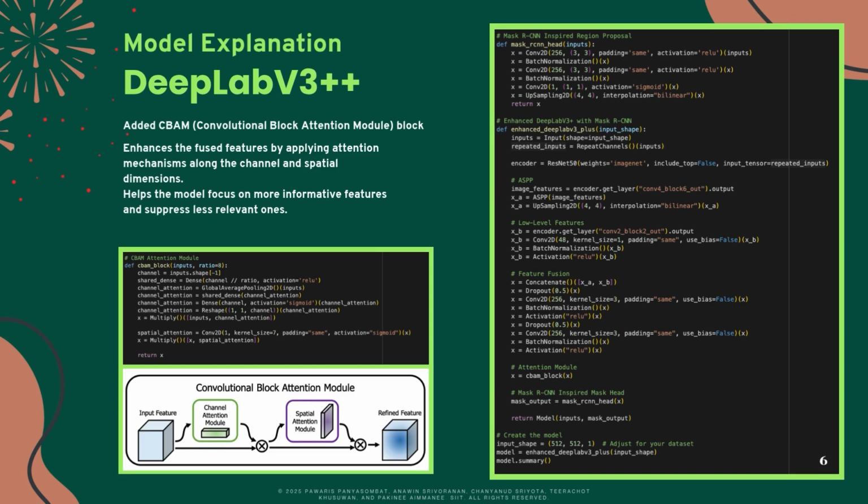It stands for Convolutional Block Attention Module. Basically, it tells the model what to focus on and where to look. This means the model doesn't waste time on background pixels. It puts more weight on the important features like the CNV area.